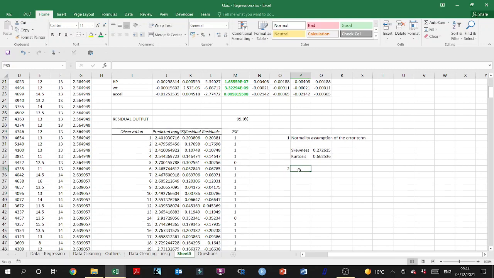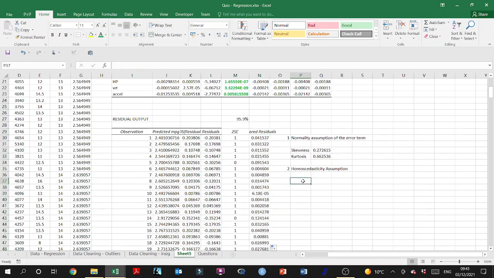Let's now go to the homoskedasticity assumption. And we're going to use the Breusch-Pagan test, and we're going to use the squared residual for that. So for that, I'm going to take the residual itself, multiply it by itself, and this will be awesome, right?